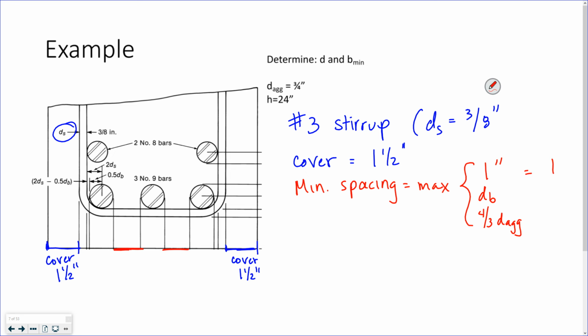That's 1 inch. The diameter of my longitudinal bars: 3 number 9 bars on the bottom here.